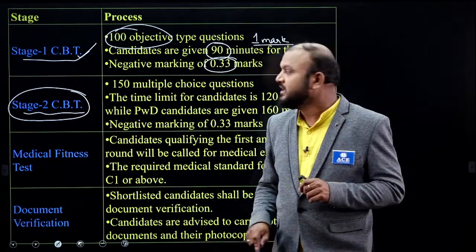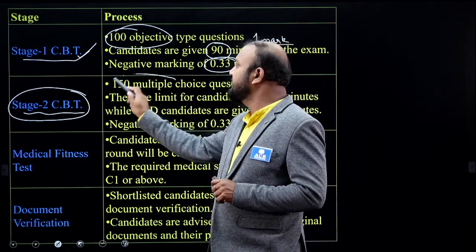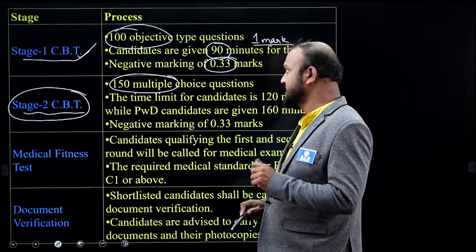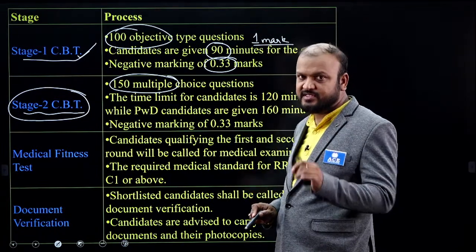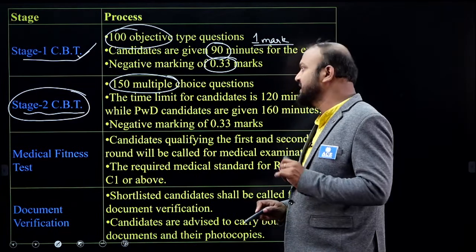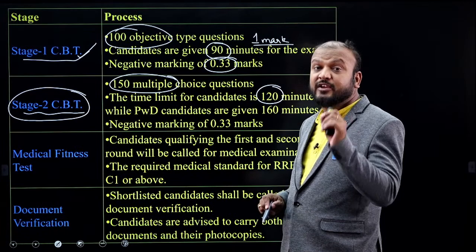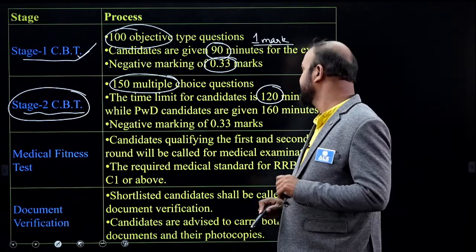Stage 2 CBT, computer based test, will have 150 multiple choice questions. MCQ, same thing, 150 questions, 150 marks. And the time given for these 150 questions will be 120 minutes only. It means your speed and accuracy is very, very important.